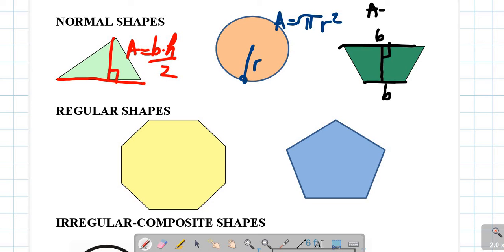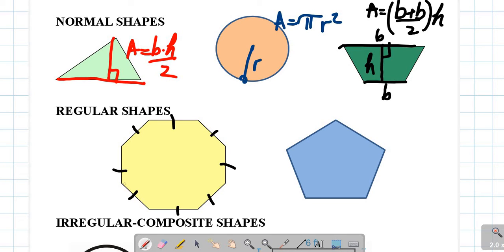And of course, this area is you average the bases, over 2, times the height, which always creates a right angle. So those would be considered normal shapes. That was one lesson. And then we did a lesson where we did regular shapes. So just hatch mark these.